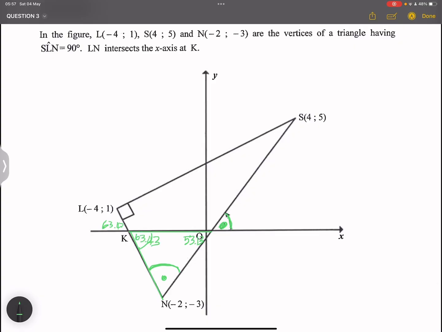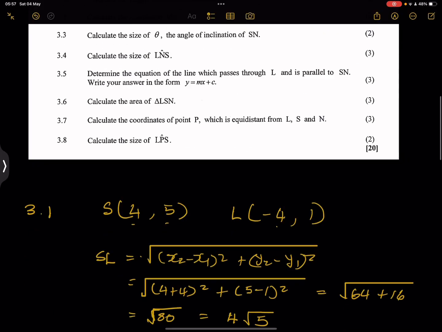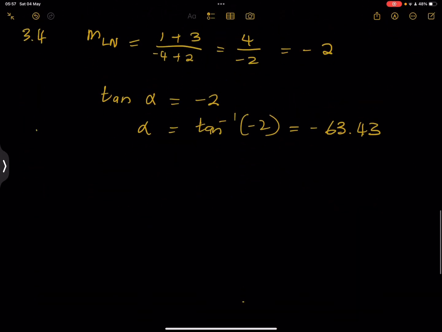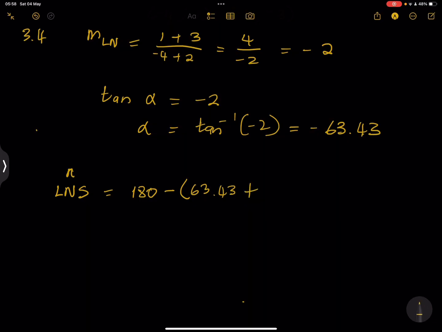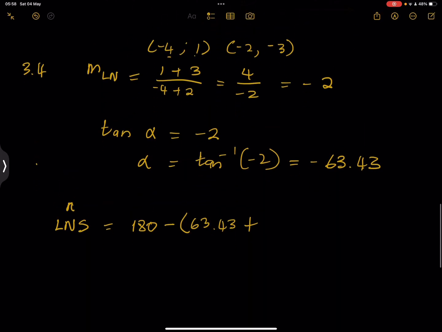So let's find angle LSN, right? So angle LSN would be equal to 180 minus the two angles there, that's 180 minus (63.43 plus the other one, which was 53.13).